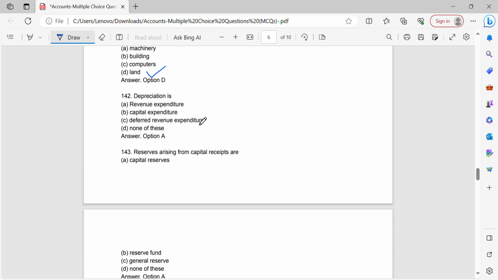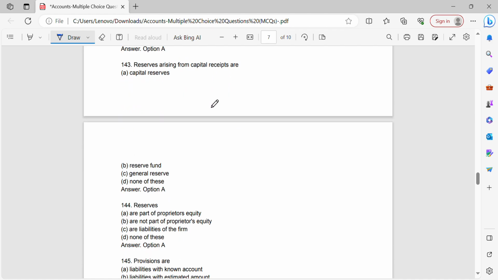The next question is depreciation is option A revenue expenditure, option B capital expenditure, option C deferred revenue expenditure, option D none of this. The answer to the question is option A, revenue expenditure. Reserves arising from capital receipts are capital reserve, general reserve, none of this. The correct answer is option A, capital reserve.